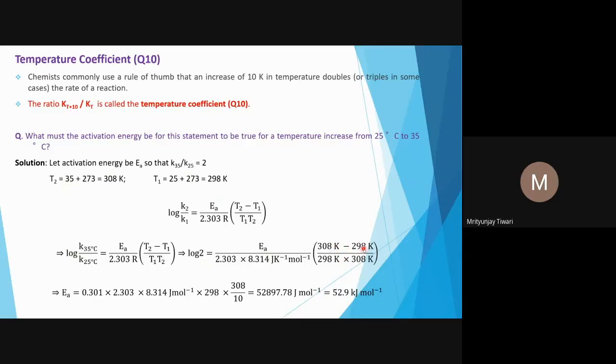So 308 Kelvin minus 298 Kelvin divided by 298 Kelvin into 308 Kelvin. So this is T1 and this is T2.